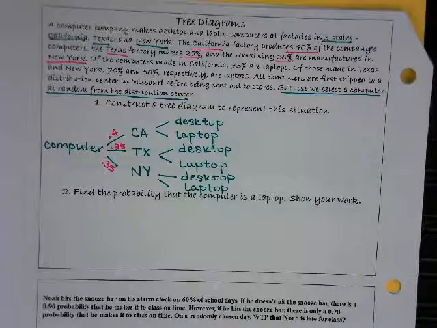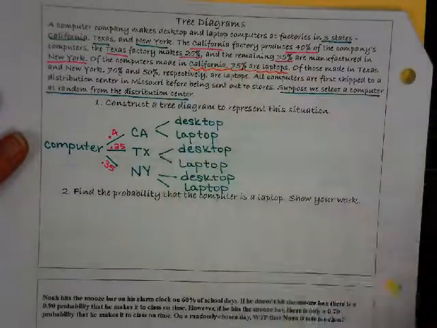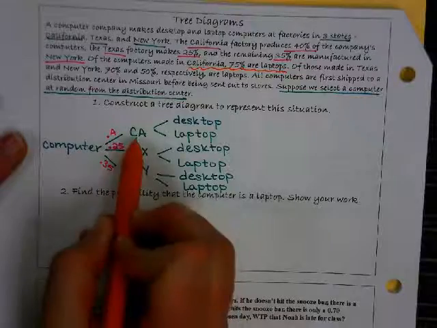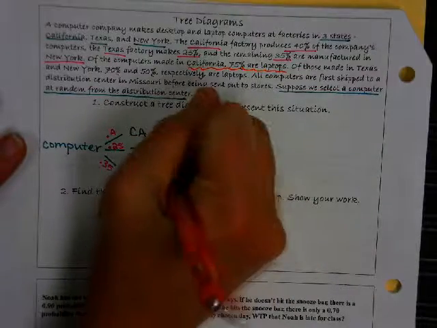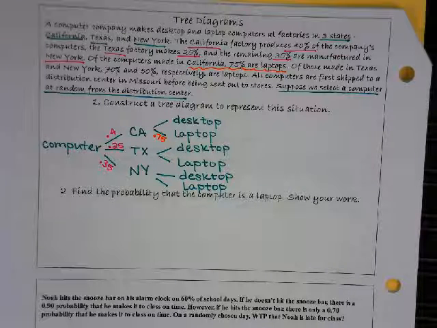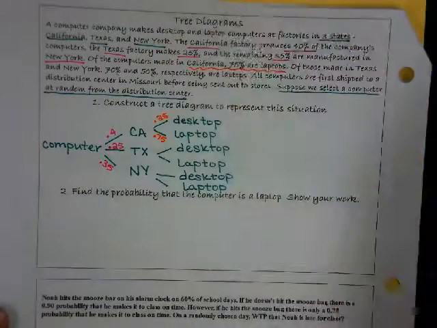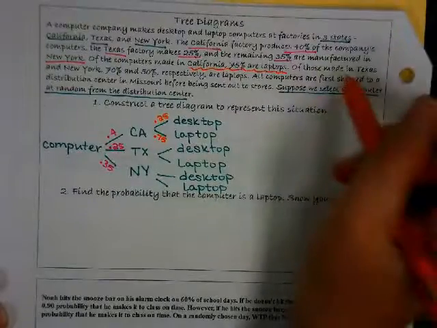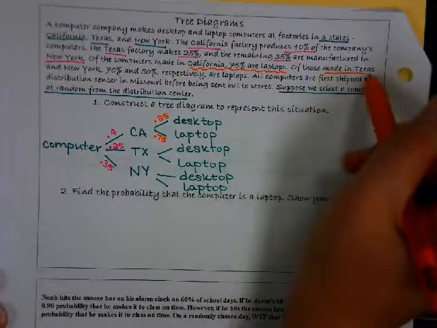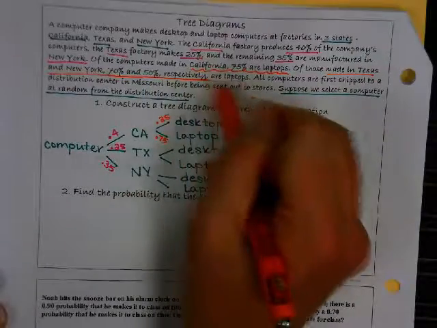So it tells me that California makes 75% laptops. So California to laptop, I'm going to put 0.75, which means what percent of computers in California are desktops? 25. So I have 0.25 here. Then it tells us the ones made in Texas and New York, 70 and 50% respectively are laptops.